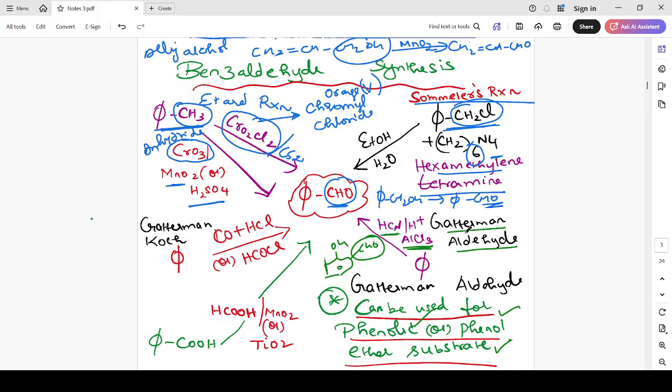A very similar type is the Gattermann-Koch reaction. I take benzene, carbon monoxide in the presence of HCl.